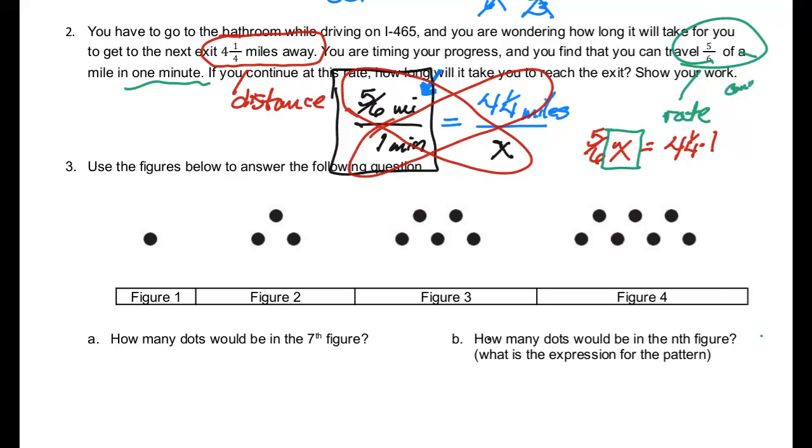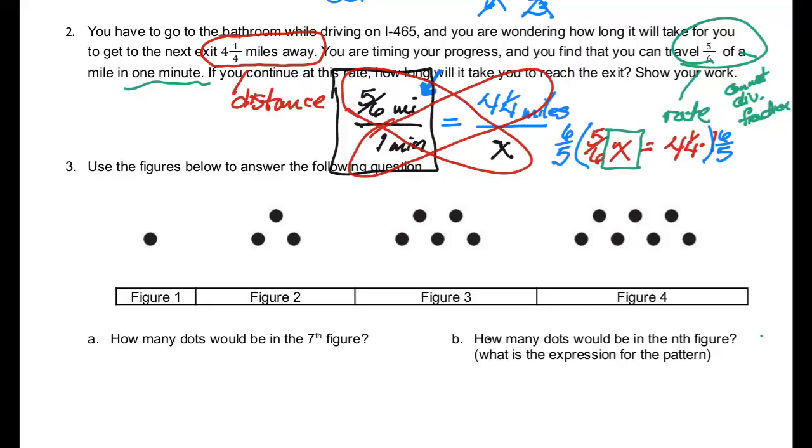You cannot divide fractions. So instead we multiply by its reciprocal. What's the reciprocal of 5 over 6? 6 over 5. So multiply by 6 over 5. Multiply this by 6 over 5.